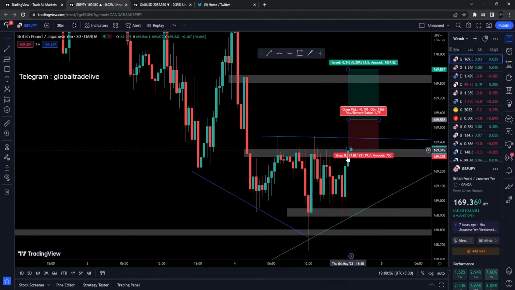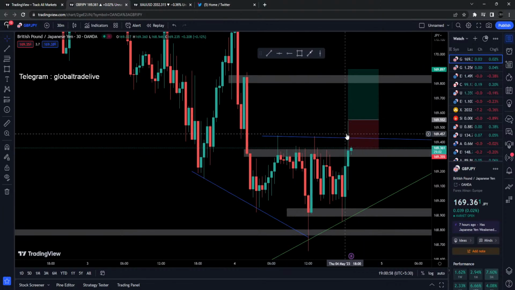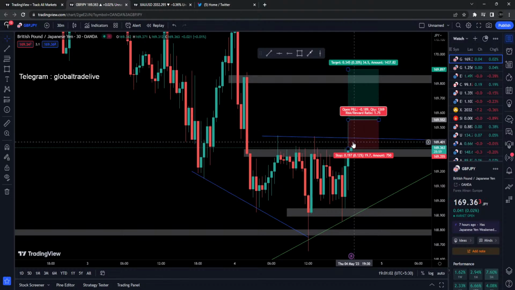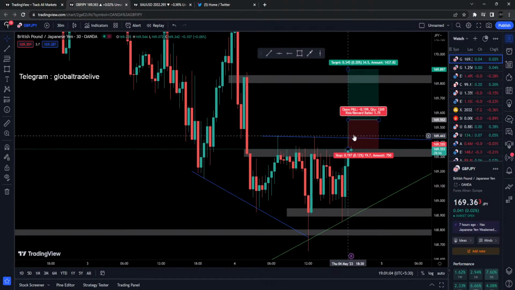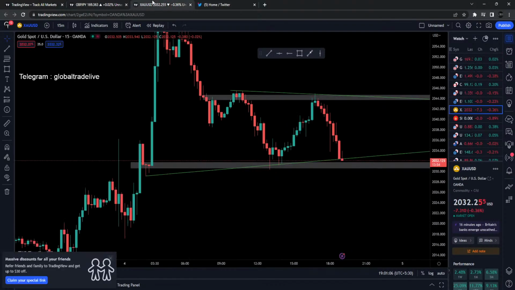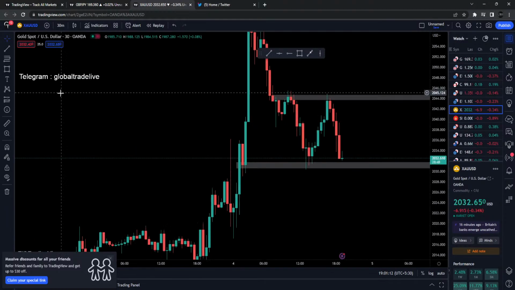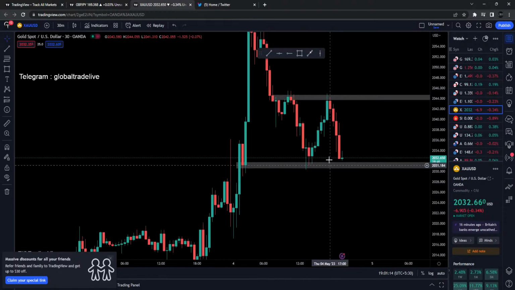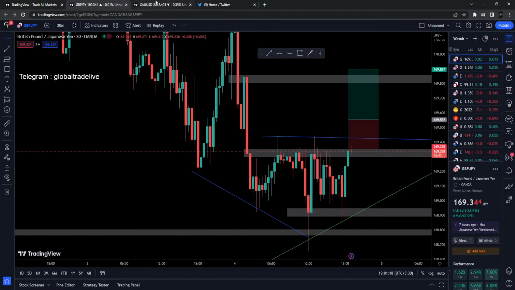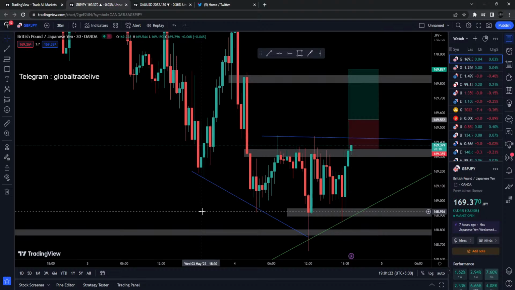But obviously if I look at the channel of the trend line, it is still under that blue line over here, so cannot say anything about that right now. And gold closed with no wick on the bottom, so nothing. So let's see if we can get this one.